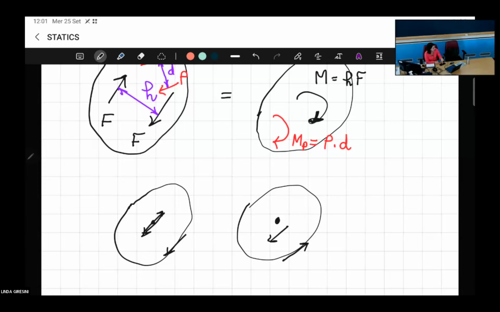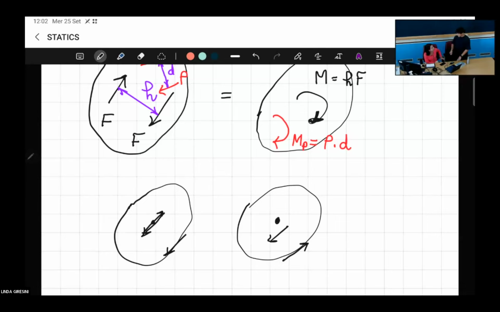This is the center. I apply a force here, another force here. But this is much farther from the center, and the torque is higher. It may be very, very small, but it will still rotate the element.